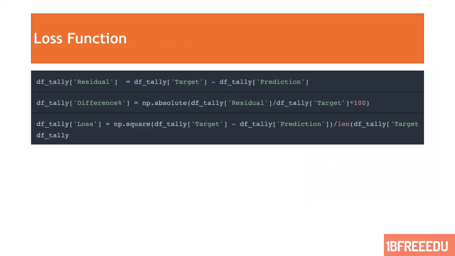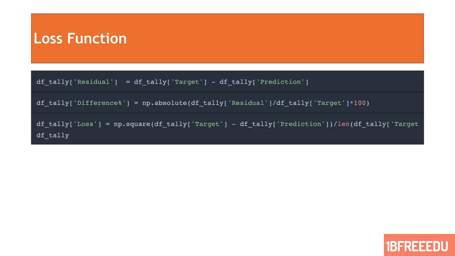I've already covered in one of my examples how to compute the prediction for linear regression. But let's consider this snippet. Imagine you already have a data frame where you have the target, and you have done the predictions for that. How do you calculate the residual? You basically take the difference of the target and the prediction.